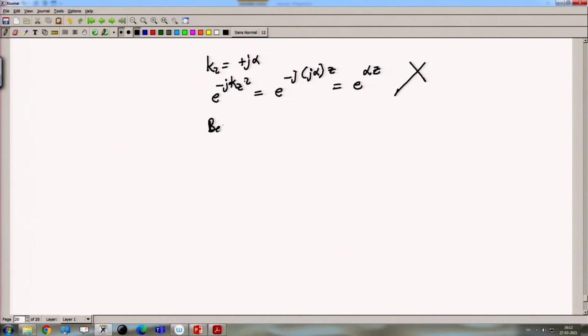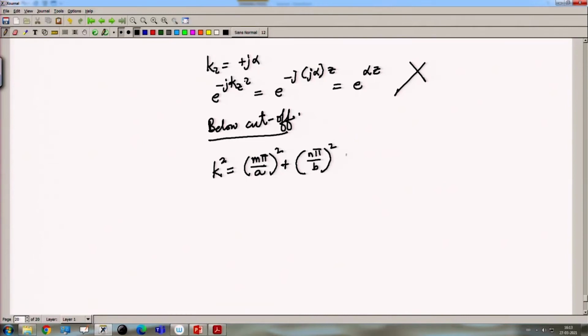So, below cutoff, we have k square as m pi by a whole square plus n pi by b whole square minus alpha square.